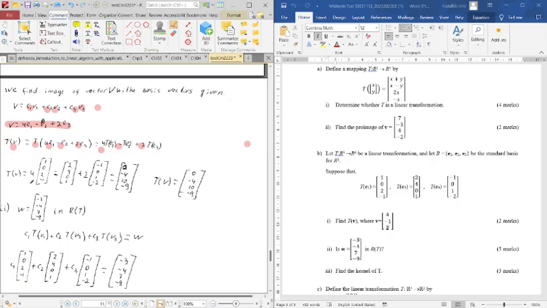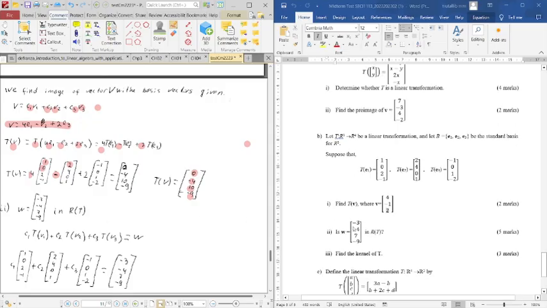T(V) would be 4 times the first vector, minus the second vector, plus 2 times the third vector. When we calculate it, it's 4 times 1 minus 2 plus 2 times negative 1, which equals 0. We do this operation for all the other elements, second, third, and fourth, and we get the answer. The transformation of V will be equal to 0, negative 4, 10, and negative 9.